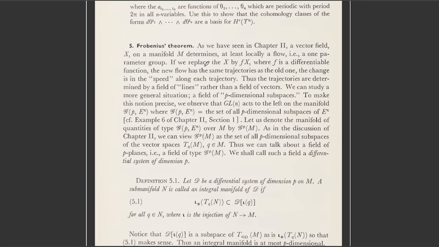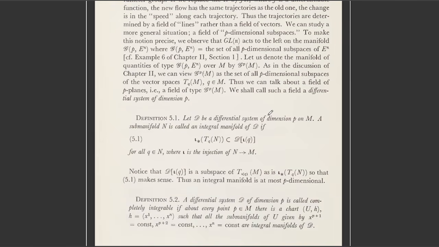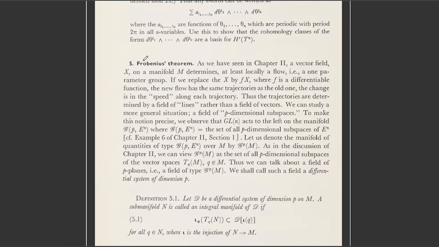I don't feel like reading the whole thing, but it gives you integrability for distributions of at most p dimensions. So you're finding p-dimensional subspaces, or submanifolds, whatever. That's Frobenius' theorem. I'm being kind of hand-wavy right now. Sorry, I'm a little rusty.